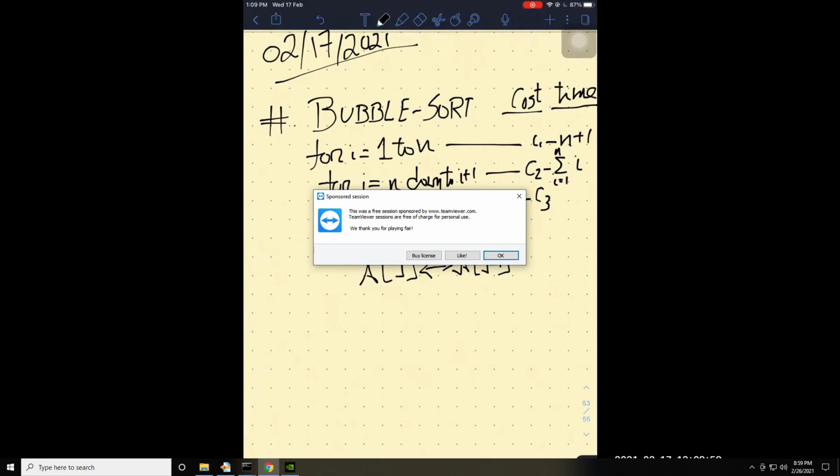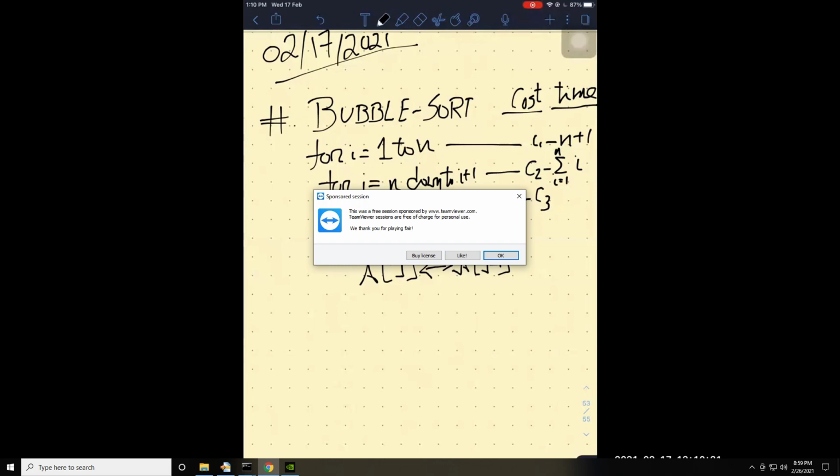Can anyone explain why it is summation i equals 1 to n of i?